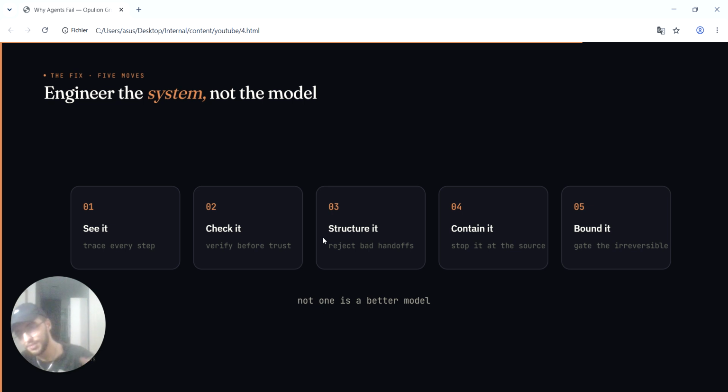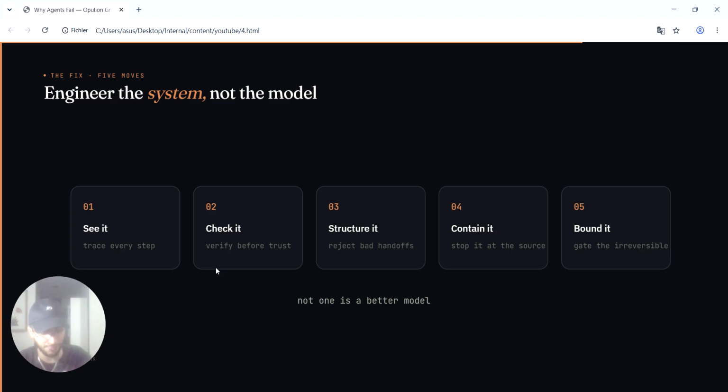Now I want you to look back at the whole list here. Not one single item on it is "use a better model." Every one of them is the system around the actual AI model and the AI agents. We're talking about the orchestration, the verification, the state, the guardrails. And here's the good news buried in all of that, and it's the most important thing I would say today in this video: this is buildable right now.